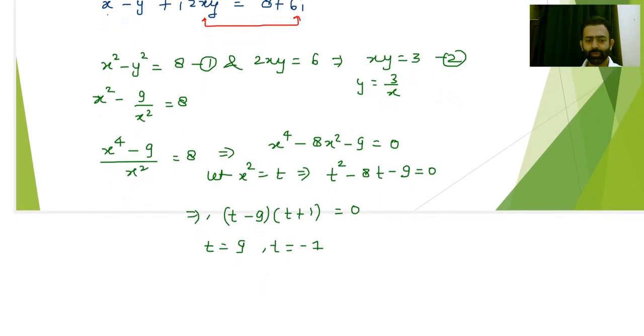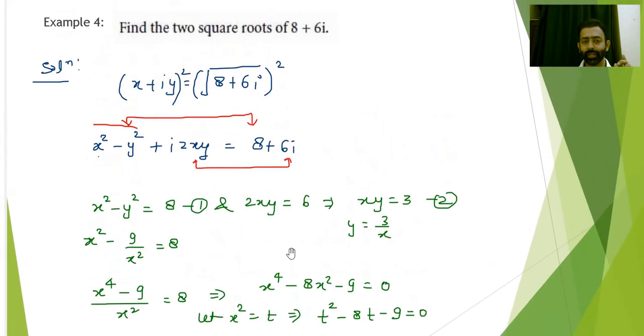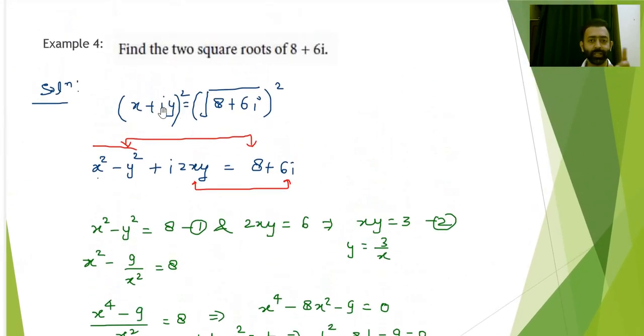Putting back the value of t, which is x square, x square is equal to 9 or x square is equal to minus 1. Now you can say that x square equal to minus 1 is also possible, but that is not the case, because here x is not an imaginary number. Remember, whenever we are writing any complex number in the form x plus iy, these x and y have to be real.